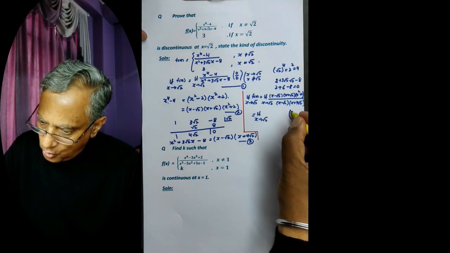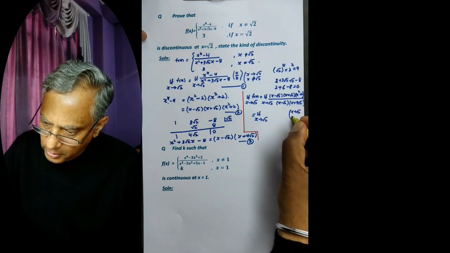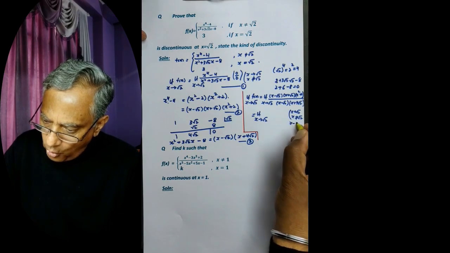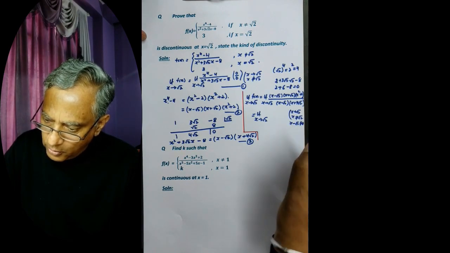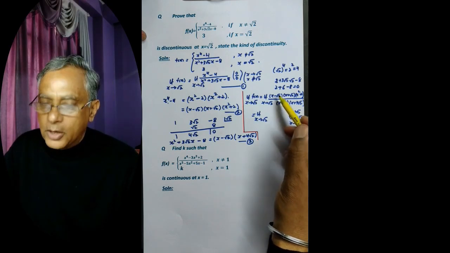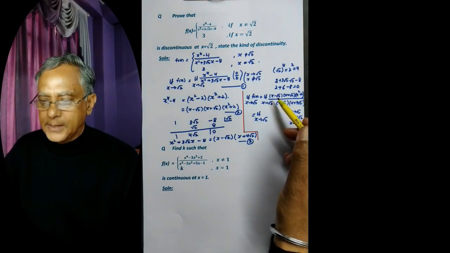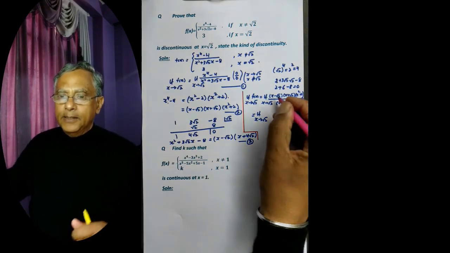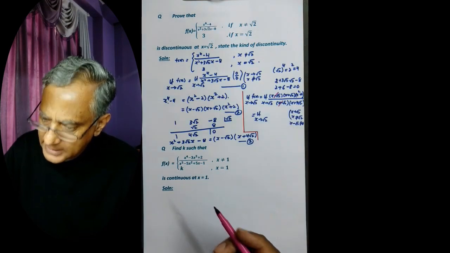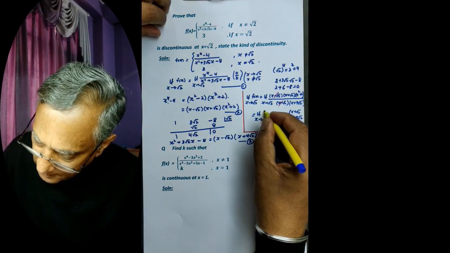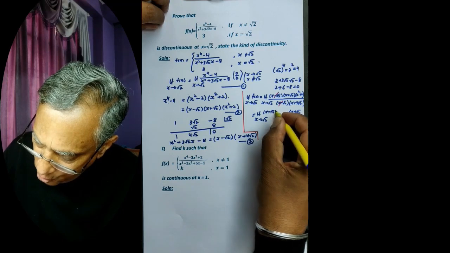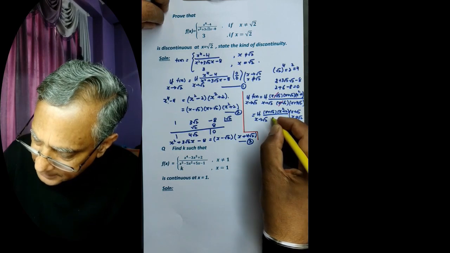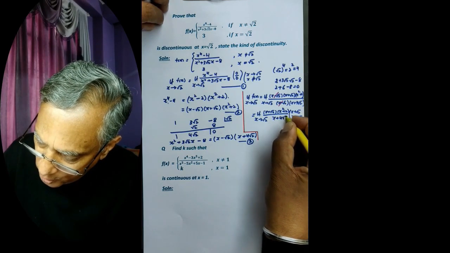Now x approaches √2, therefore x is not equal to √2. Therefore x − √2 is not equal to 0. So this term is not equal to 0, therefore it can be cancelled. So this term cancels and we are left with (x + √2)(x² + 2) divided by (x + 4√2).